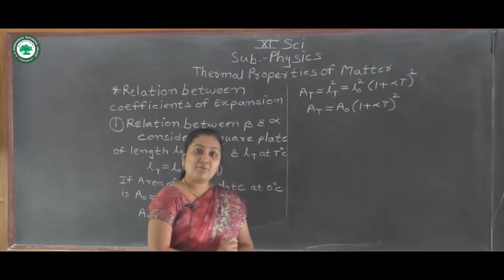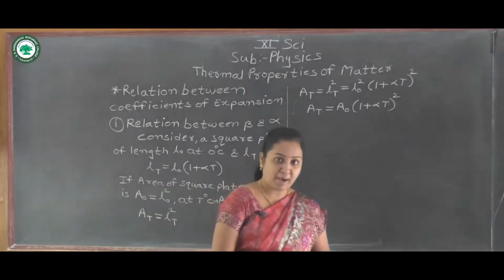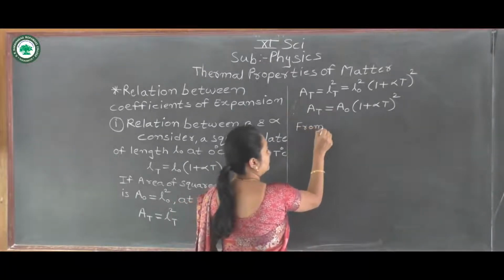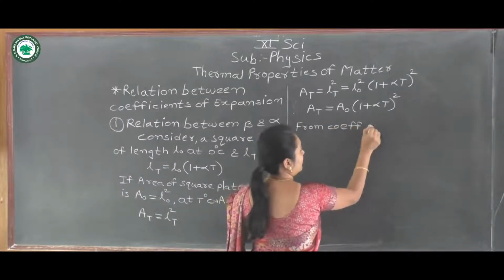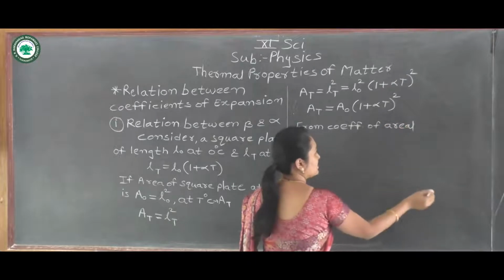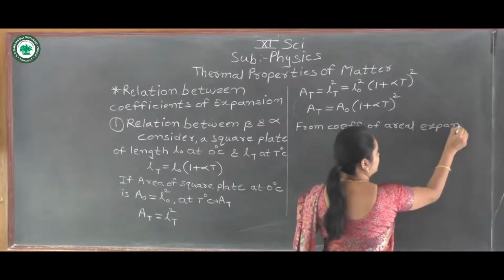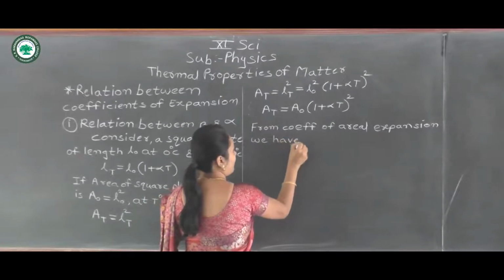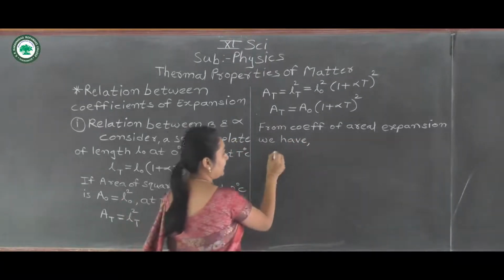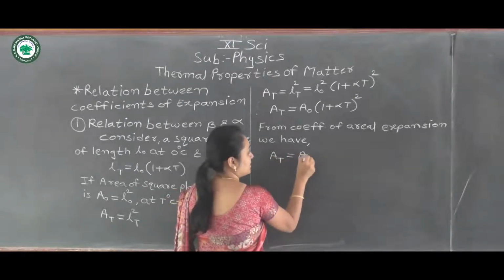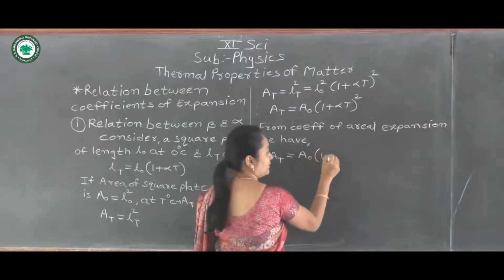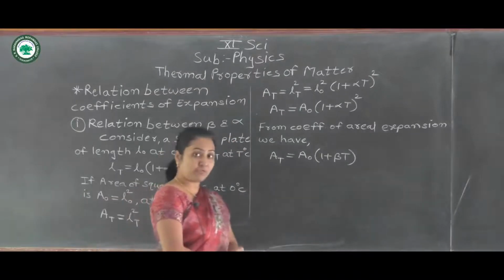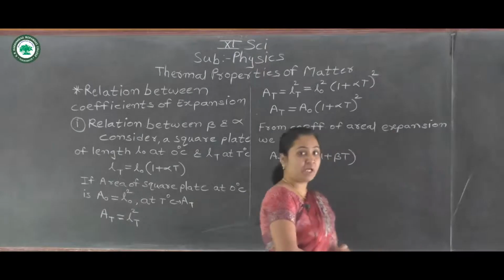So by considering the formula of the coefficient of areal expansion, we can write AT is equal to A0 in bracket 1 plus beta T. So we are writing this formula from the coefficient of areal expansion beta.